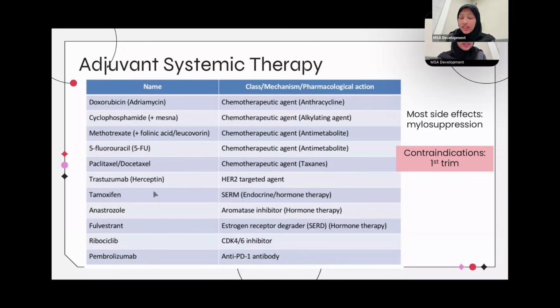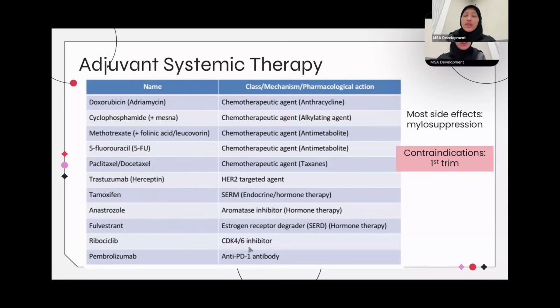You have targeted agents, targeting hormones. Some breast cancers are hormone sensitive, either to estrogen, progesterone, or HER2, which is another receptor that is targeted. And then there are specific antibodies and other types of systemic therapies.